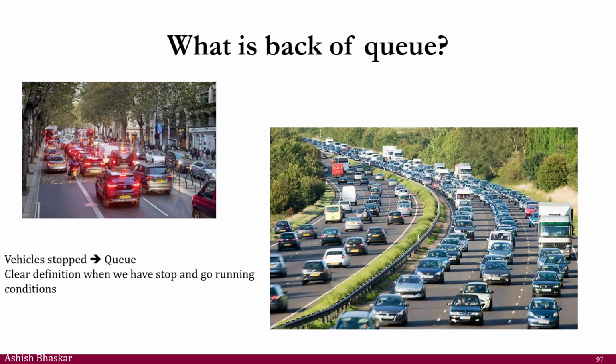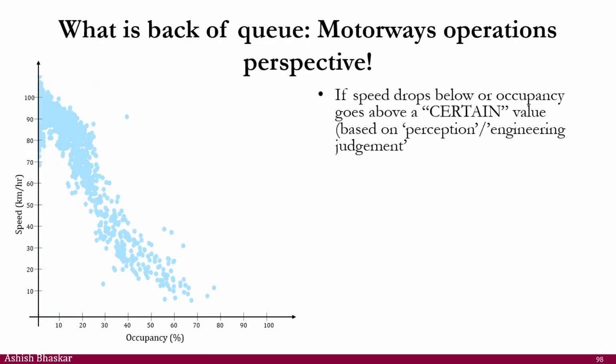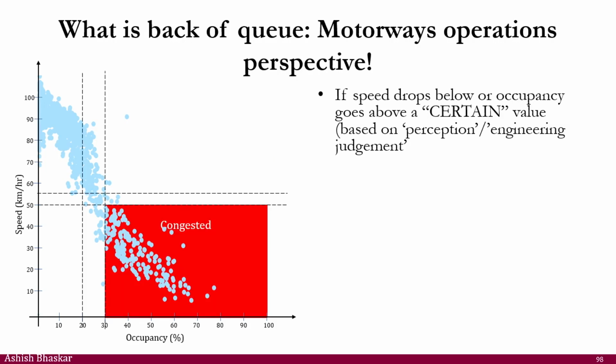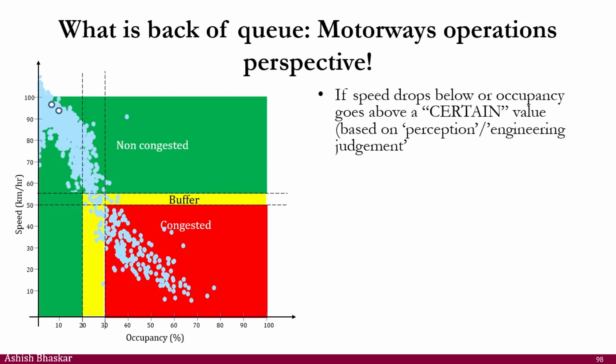Yes, I can have 20% or 30% occupancy that will lead to this kind of condition. I want to make a decision early. We have also seen this kind of plot for congestion. I'll give you an example of how it can work. This is how my data is moving at different times. When I reach here, I will not call it congested.